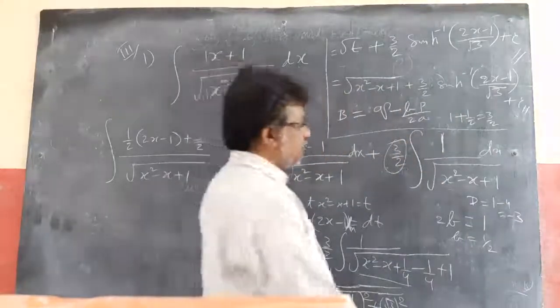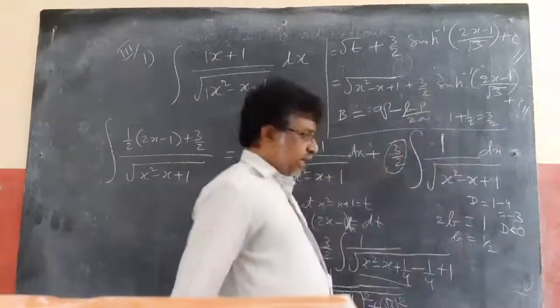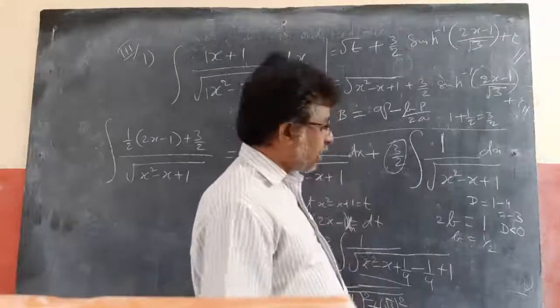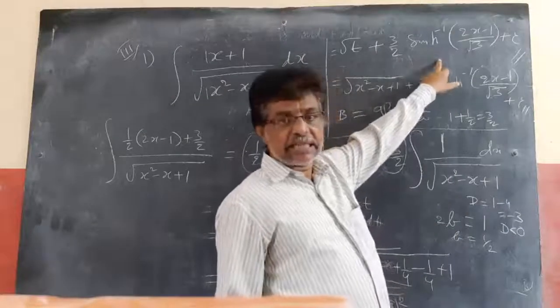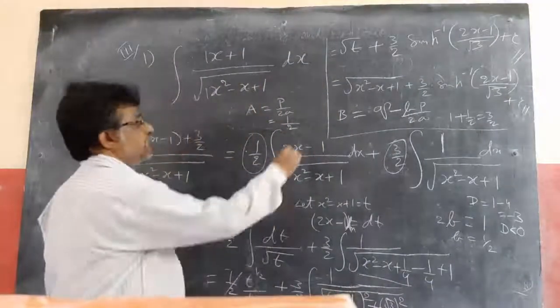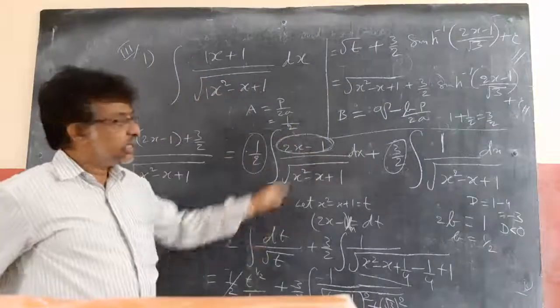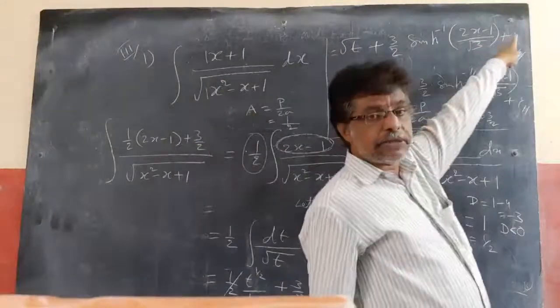If the discriminant is less than 0, here minus 3 is less than 0. If the discriminant is less than 0, then you simply write sinh inverse of this numerator always. This numerator, the derivative of this, you will get, so 2x minus 1 also.